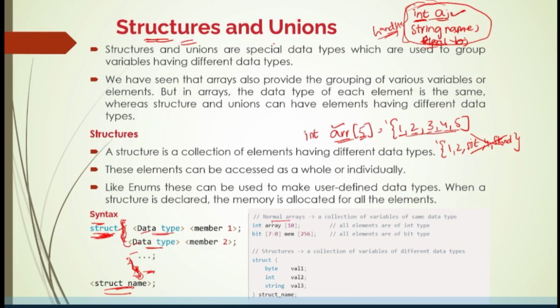When you are creating a normal array, how do you create it? Int array of 10, or if you want to create some memory, say 256, where each element can hold 8 bits. All these elements are of int data type, and those 256 elements are bits.